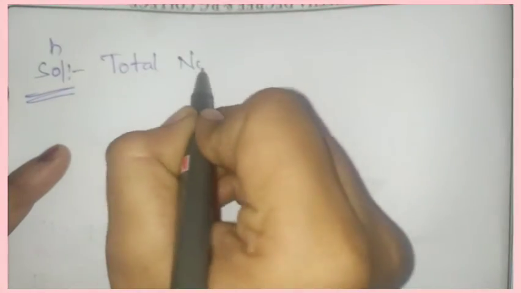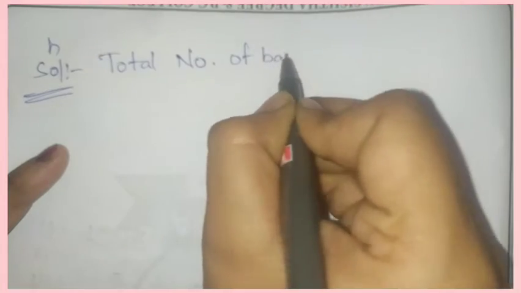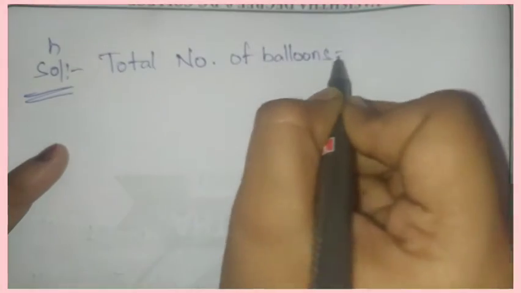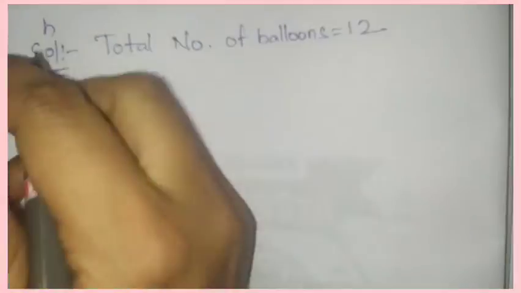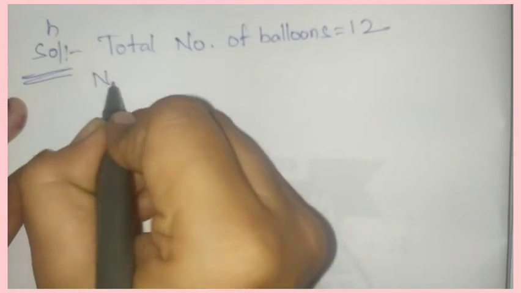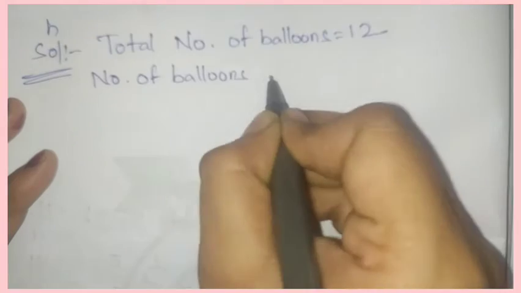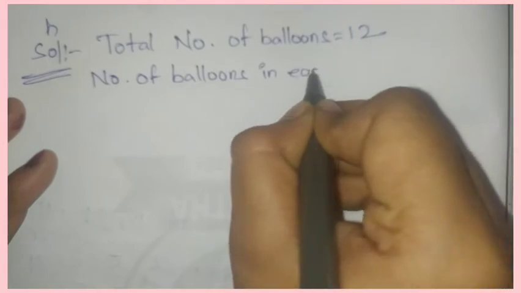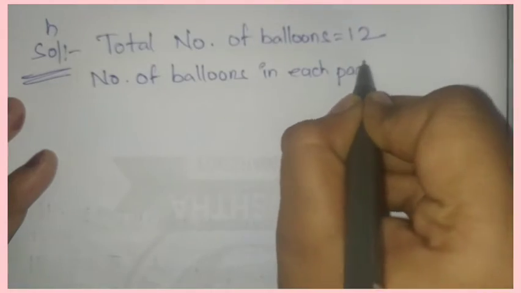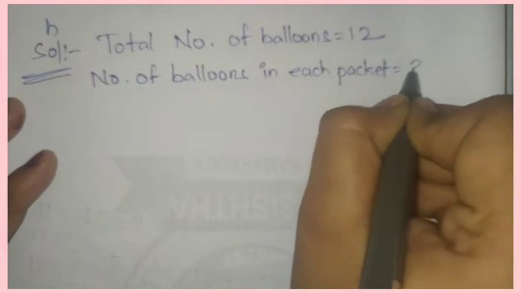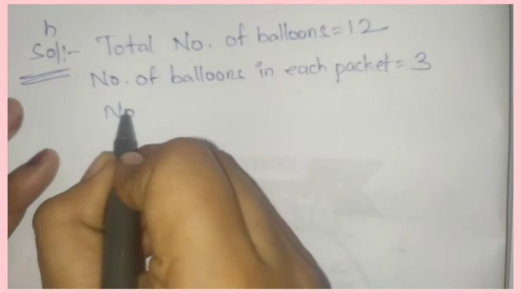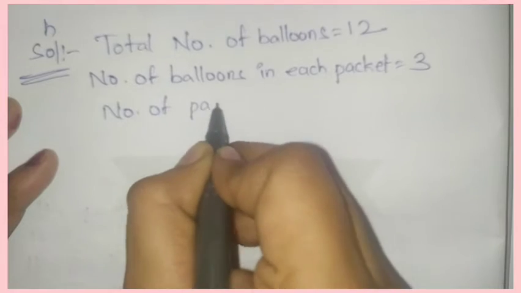Now look at H answer, H solution. Okay, total number of balloons. Total how many balloons are there? Yes, 12. Okay, next, number of balloons in each packet, 3.